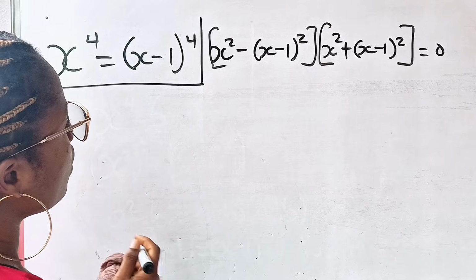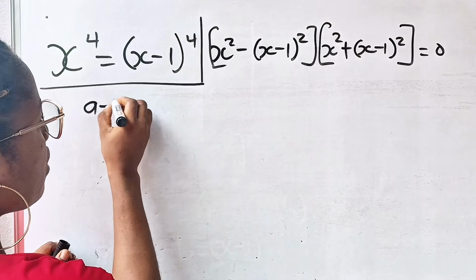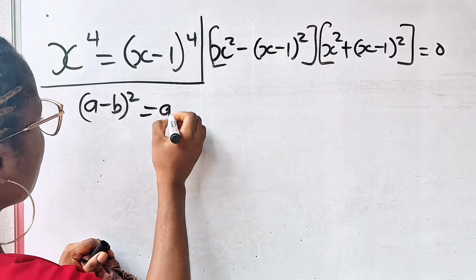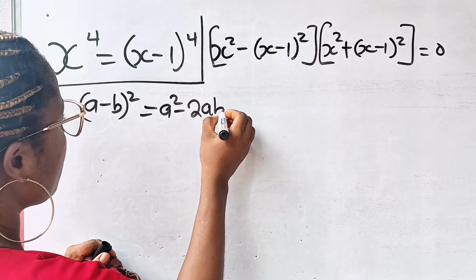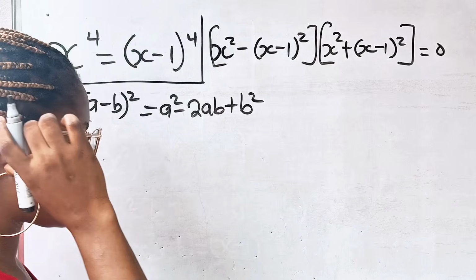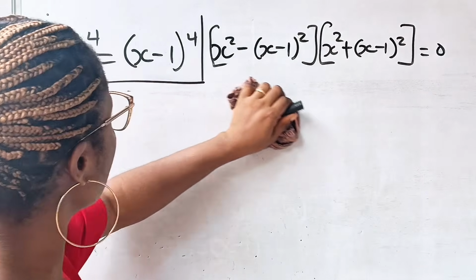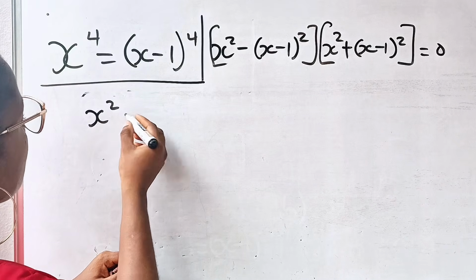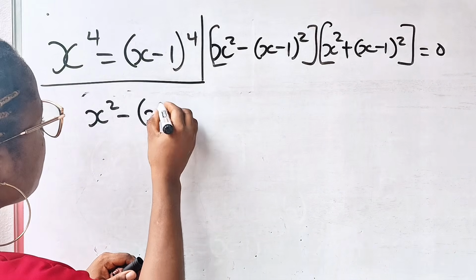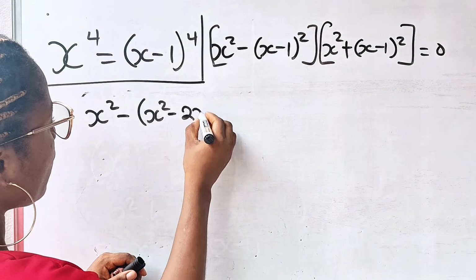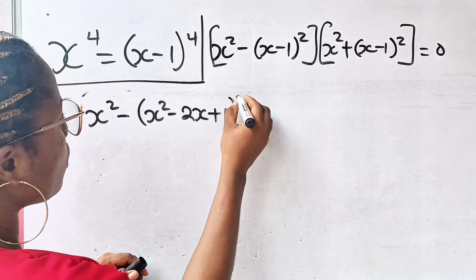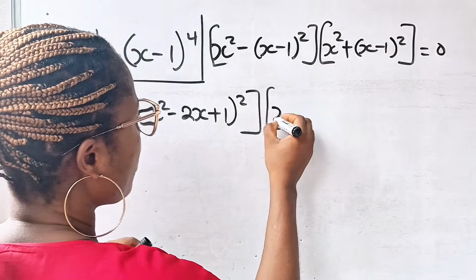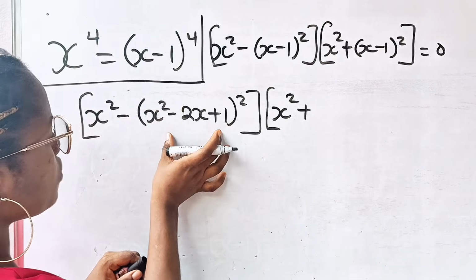Alright, everything is equal to 0. Now, remember that (a minus b) all squared is equal to a squared minus 2ab plus b squared. So that means we will write this as (x squared minus (x squared minus 2x plus 1)) multiplied by (x squared plus the same thing).